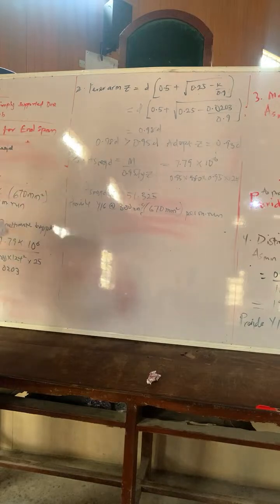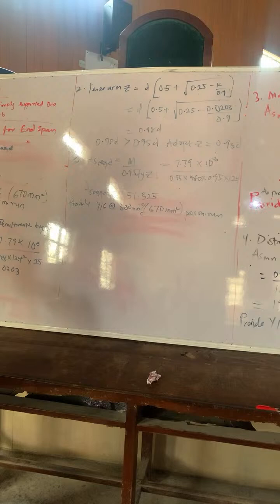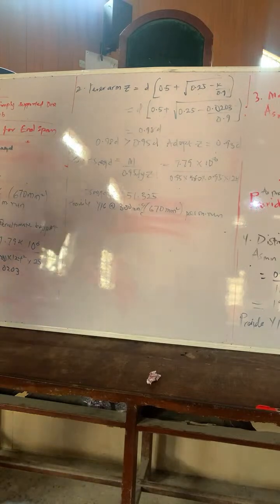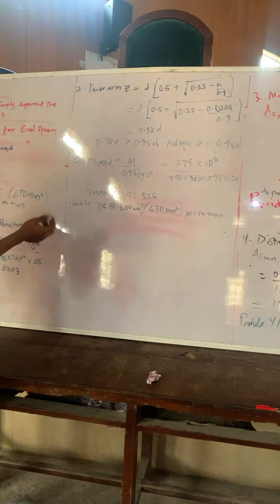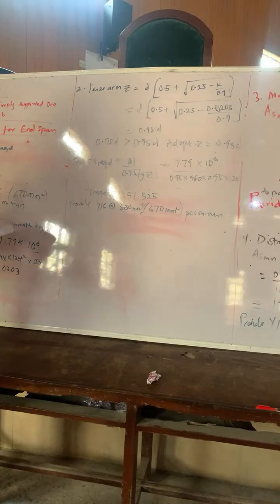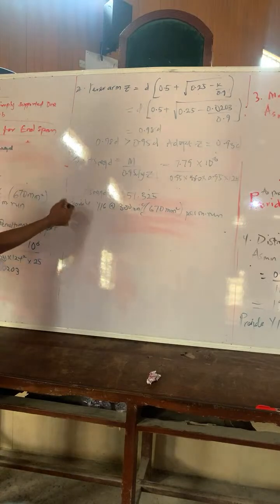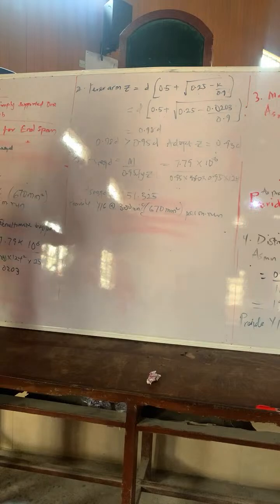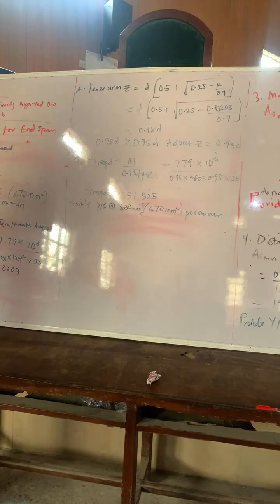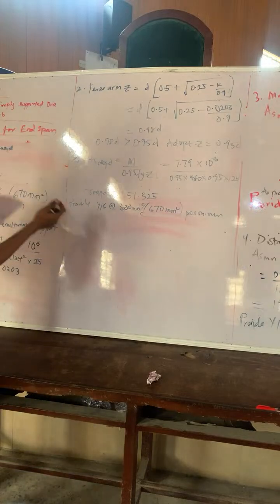And we've calculated our AS minimum before. You can repeat it or you leave it. It will still be the same thing. Just leave it because we've calculated it before.